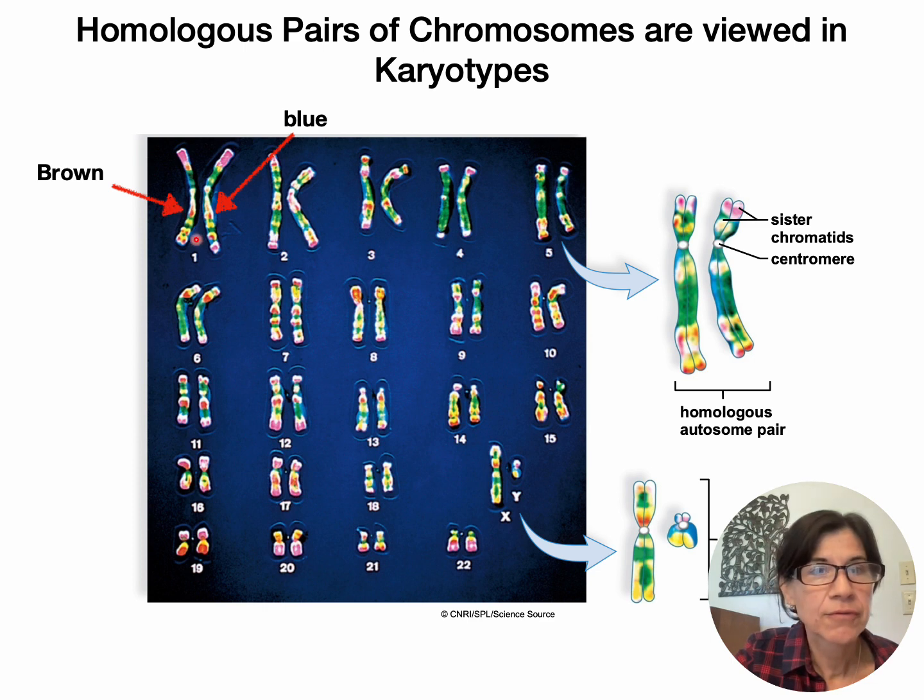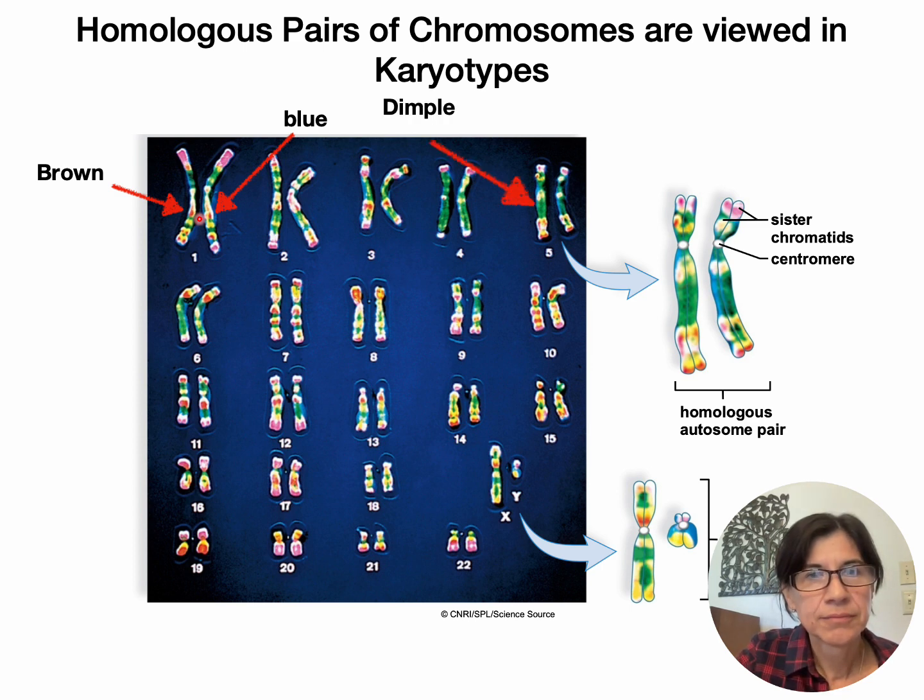If you're looking at this pair, the one on your left has the brown, the one on your right has the blue. Those are both the same gene, the gene for eye pigment, but they're in different forms. So these two are homologous chromosomes. They're of the same size, the same length, the same pattern, and they contain the same genes, but those genes can be in different forms.